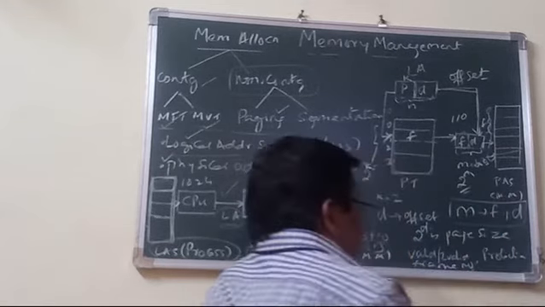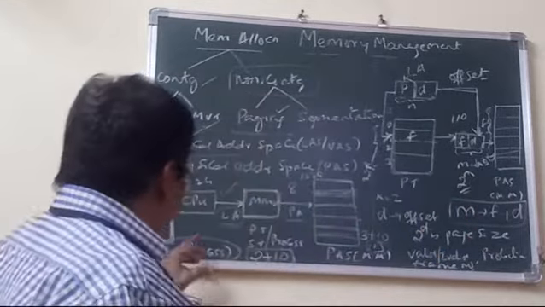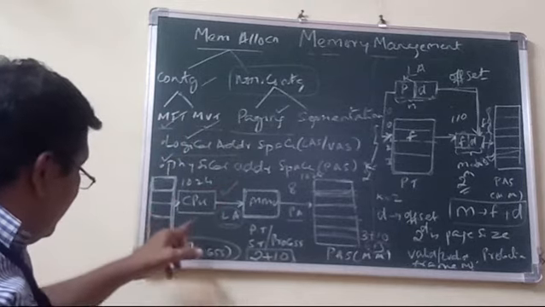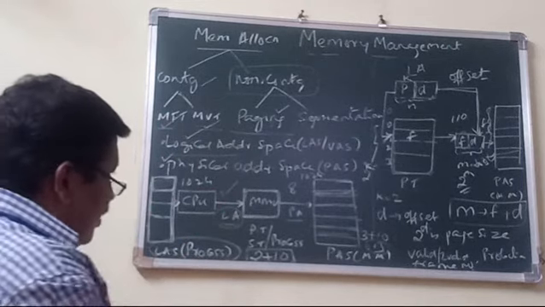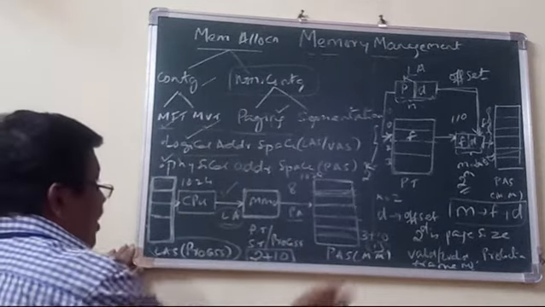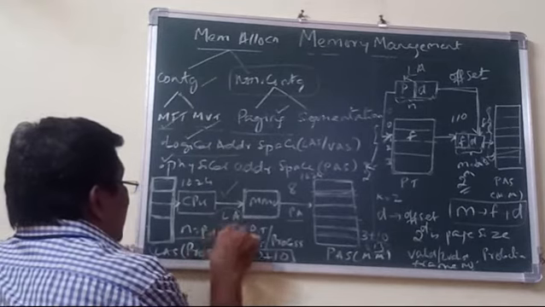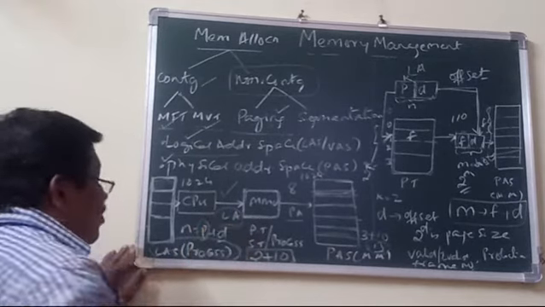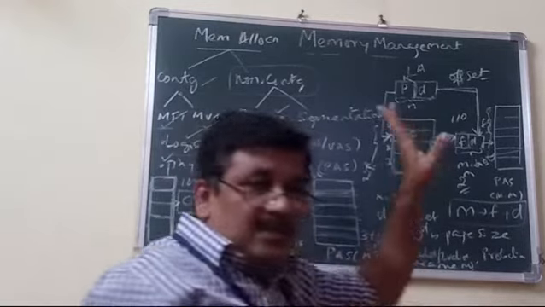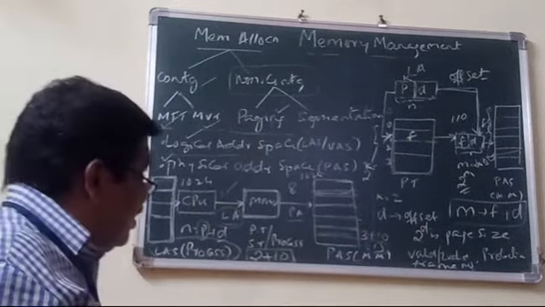So m is equal to f plus d for the physical address, whereas n is equal to p plus d for the logical address. Here p indicates the page number, whereas f indicates the frame number. So this is how the mapping takes place.